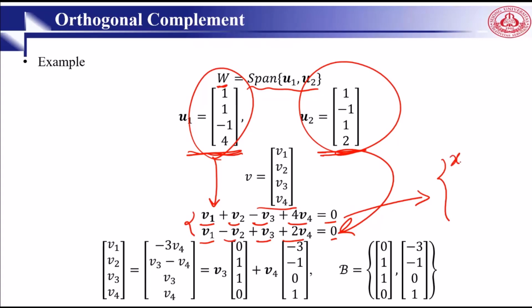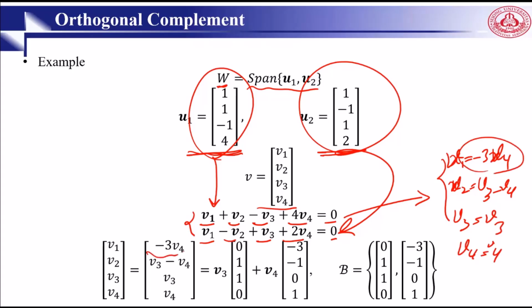v1 is equal to minus 3v4. Then v2 is equal to v3 minus v4, and v3 is equal to v3, and v4 is equal to v4. So we write the same thing here: minus 3v4, v3 minus v4, v3, and v4.